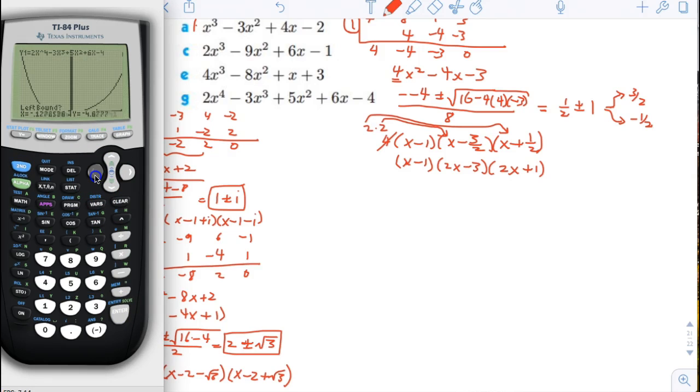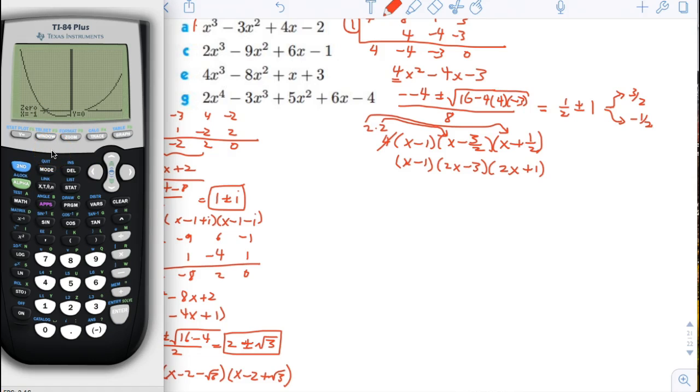Left bound, we'll put the cursor to the left side over here. Enter. Right bound, we'll put the cursor here. I think that's good. And then put the guess on the left side, to make sure we get the left one. -1, so it is at -1.